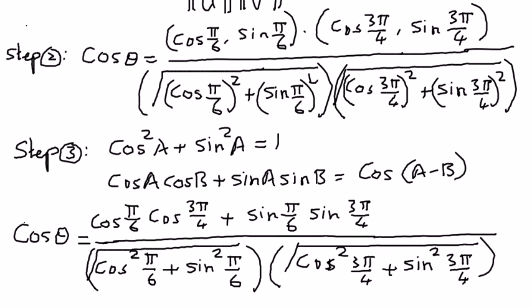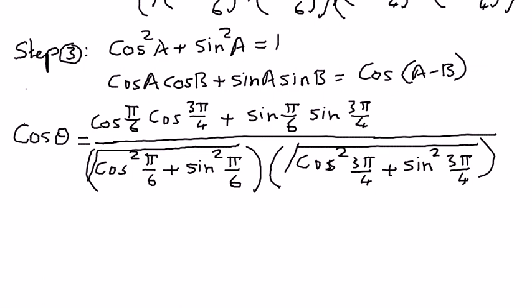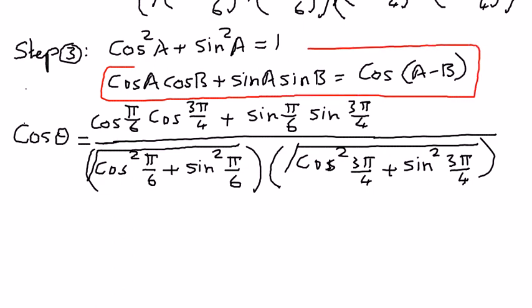Now we can simplify this some more. The way to do that is as follows. We have seen in a formula here that cosine A cosine B plus sine A sine B can be reduced to cosine of A minus B. The numerator looks very similar to that, so we're going to use that and simplify it.